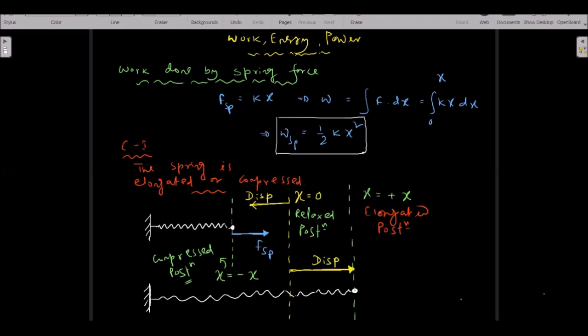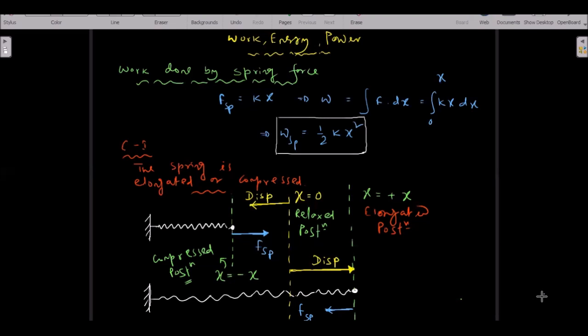So in this case, this is the displacement, and this is the spring force. I hope the diagram is pretty clear to everyone.